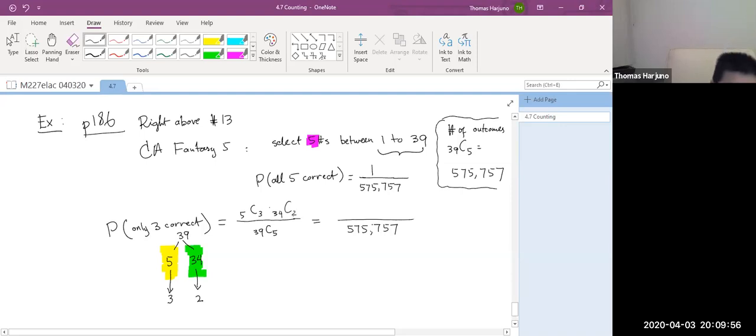I didn't know which are correct and which are wrong, so I will select 5 numbers. What is the probability that of the numbers I select, 3 happen to be correct, and therefore the other 2 must be wrong? That's the coding. Now 5 choose 3, I remember that's 10, but 34 choose 2, I don't know.